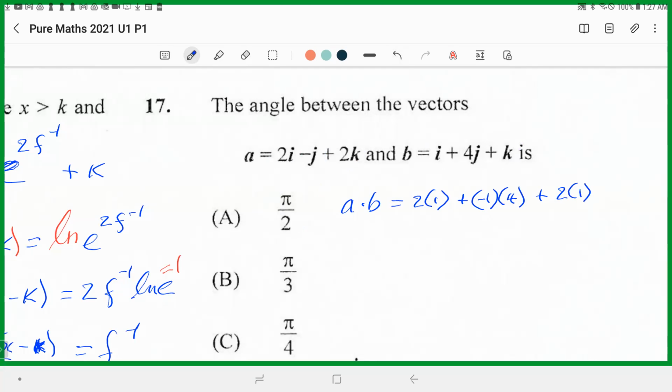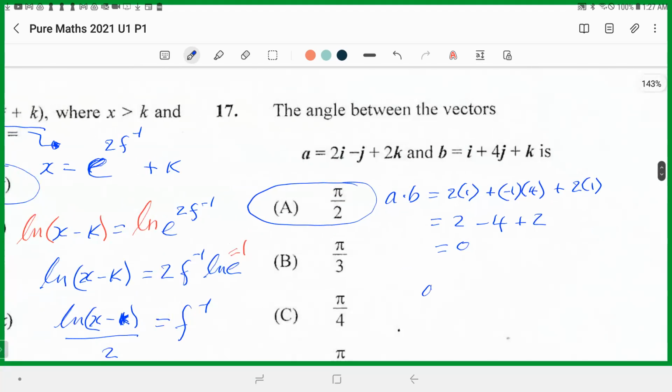That is 2 minus 4 plus 2, which is equal to 0. Therefore, the angle is 90 degrees, pi by 2. They are perpendicular.